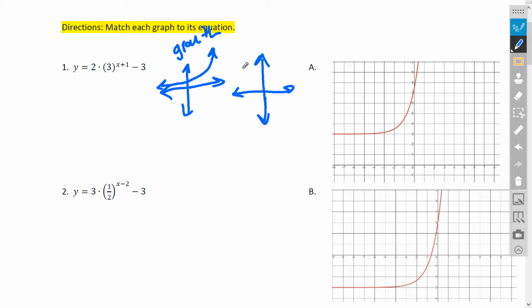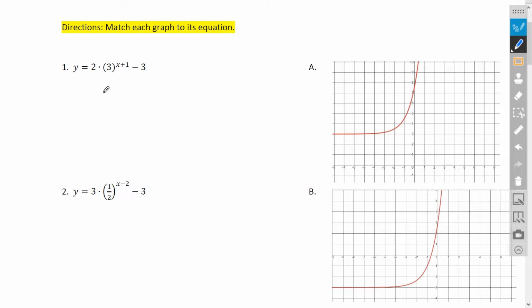It looks something like this if it's decay, and it goes down to 0. So what we're going to want to do here is look at each of these and look at the transformations and determine if it's growth or decay, and that should be enough to tell us which one of the graphs we're looking for.